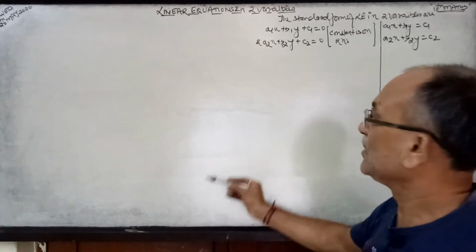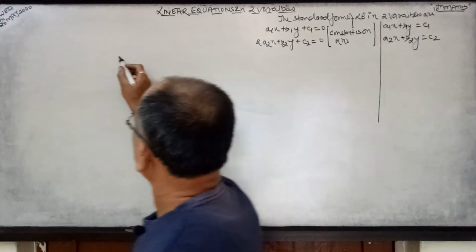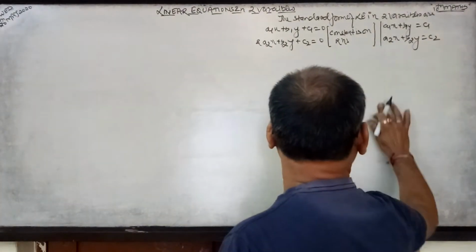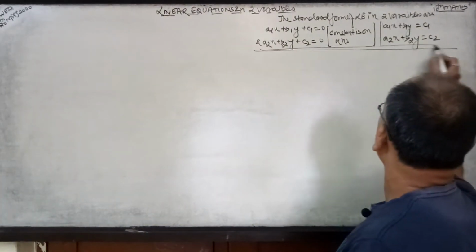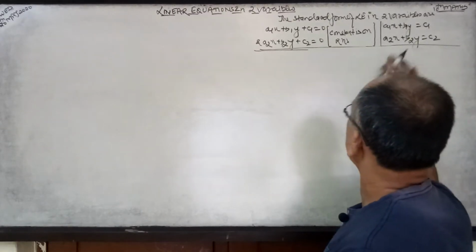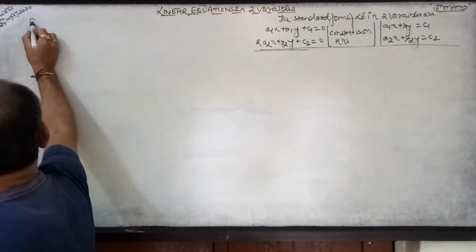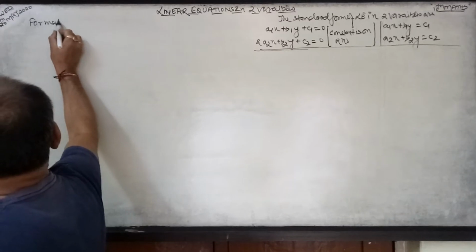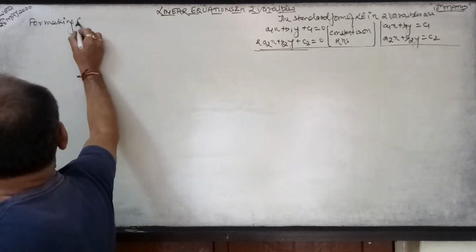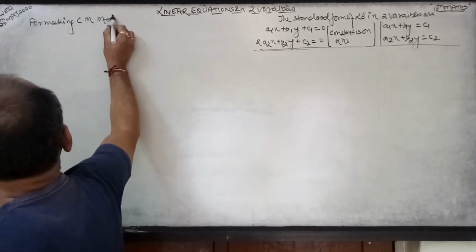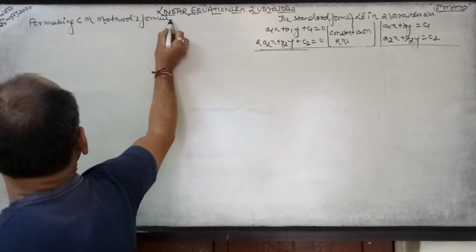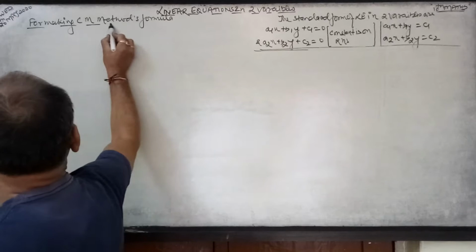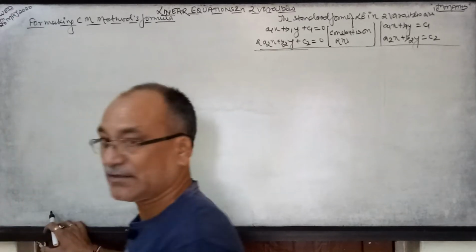So for cross multiplication, now see, especially for making the cross multiplication method formula, you can say the derivation of this formula.